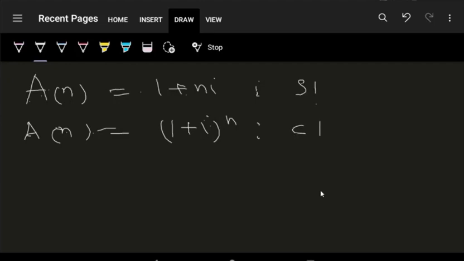Similarly, for discounting we have the discounting factor, denoted by Vn, and Vn is nothing but 1 upon An, since we are reversing the process.